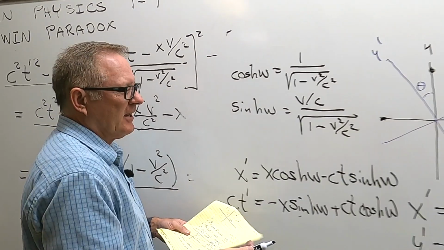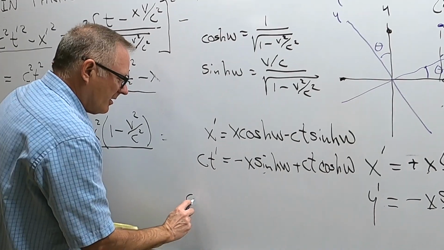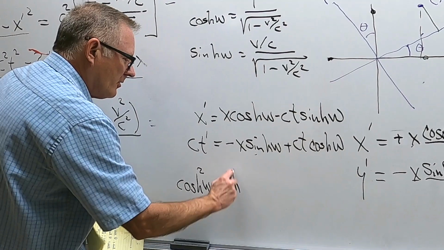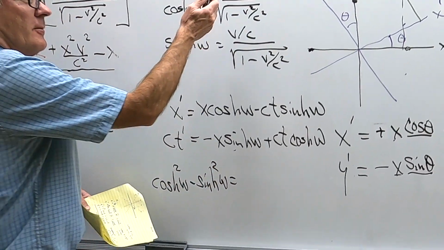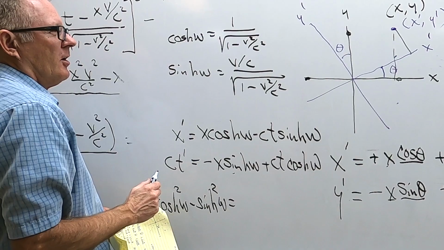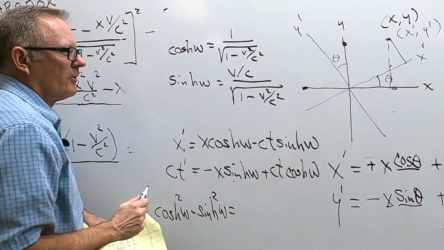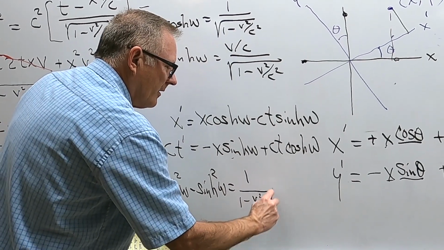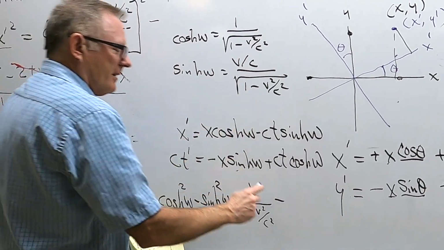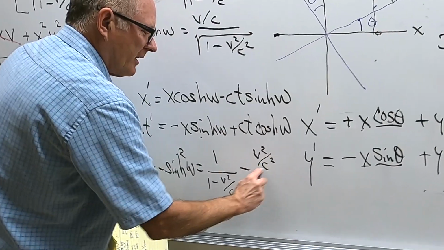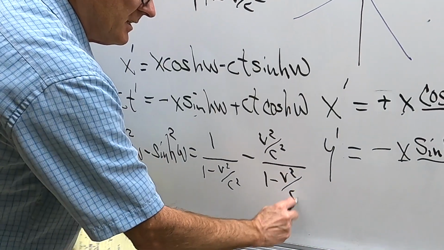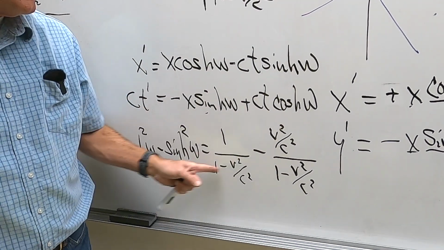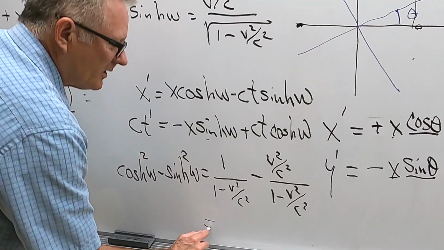Let's see if it is. That's going to be 1 over 1 minus v squared over c squared, minus v squared over c squared all over 1 minus v squared over c squared. You combine these two together and you get 1 minus v squared over c squared over 1 minus v squared over c squared, which is 1.